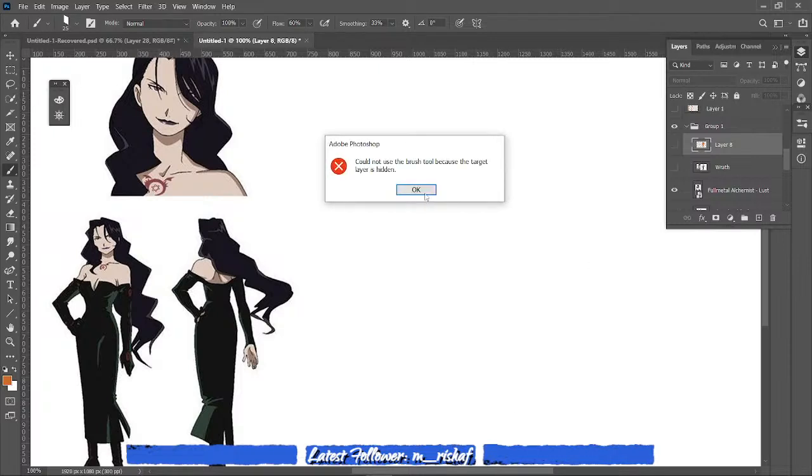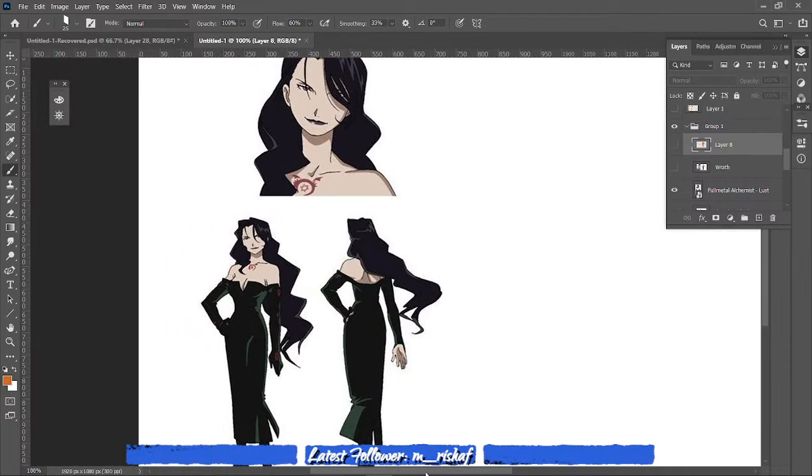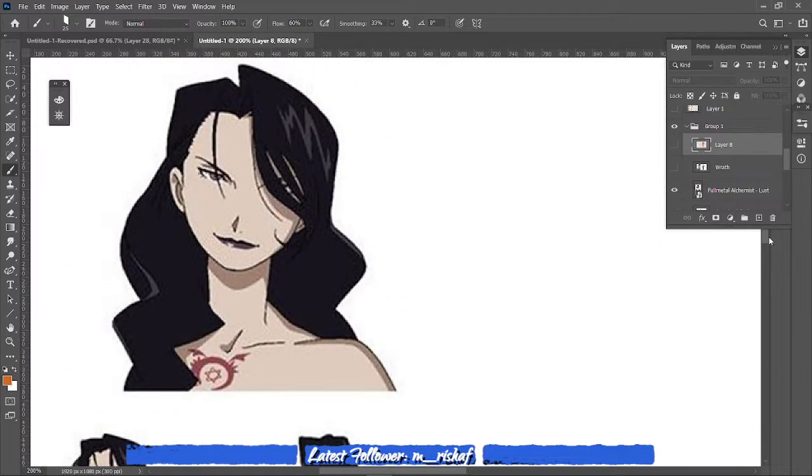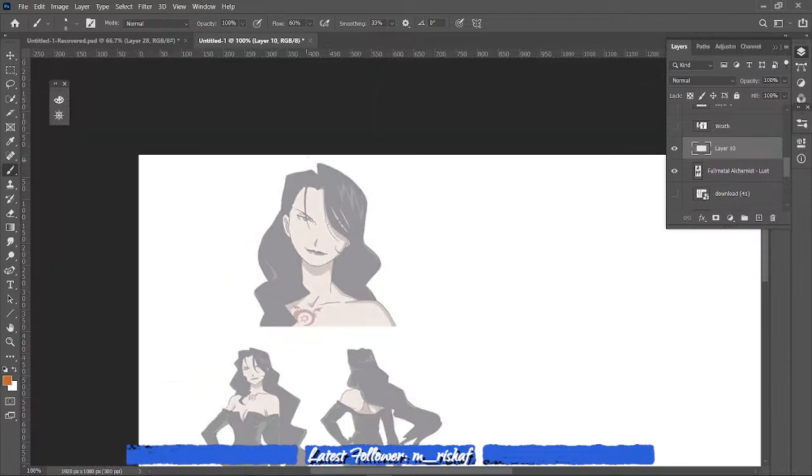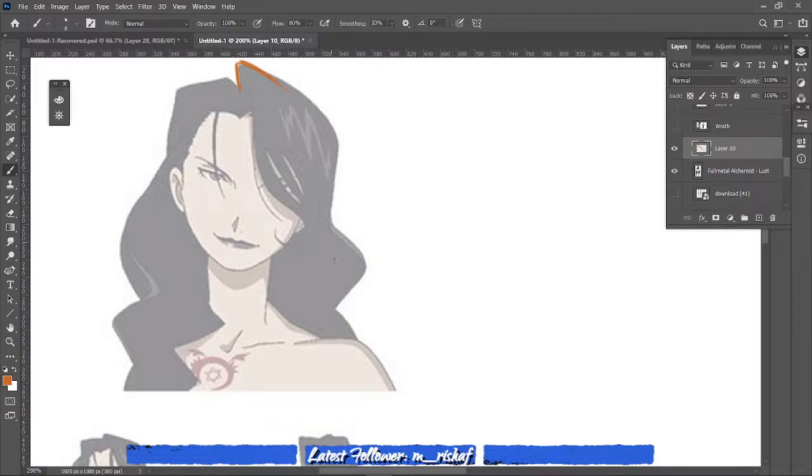Yes, we have Lust here. If you remember, Lust has an edgy personality. She's mischievous, evil, villainous. And you can see that edgy look in her shape language. There are triangles used here and there.